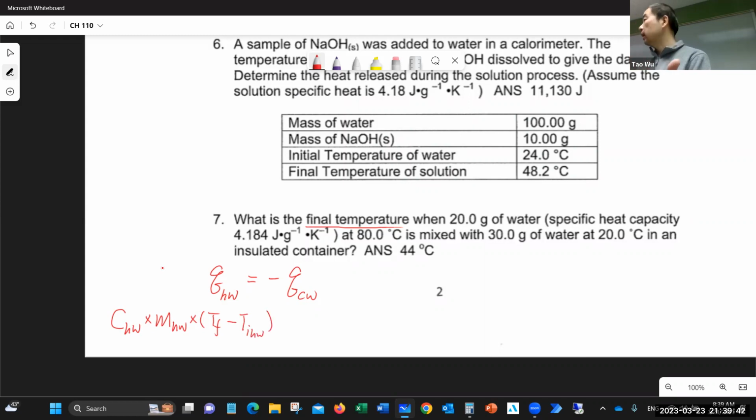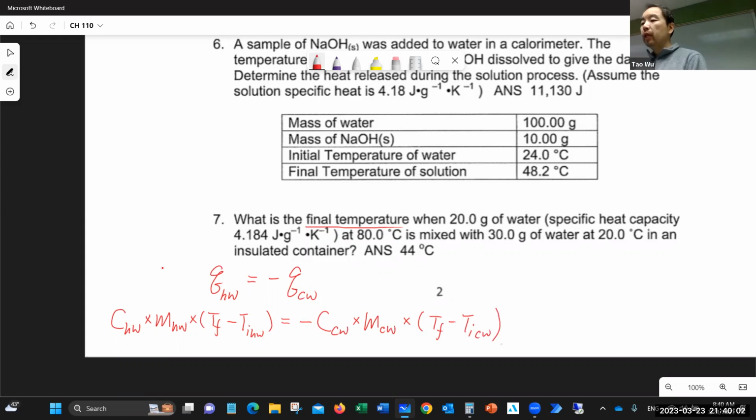That should equal the negative specific heat of the cold water, times the mass of the cold water, times the final temperature subtract the initial temperature of the cold water, right?